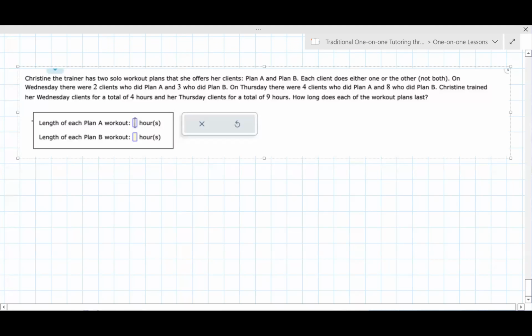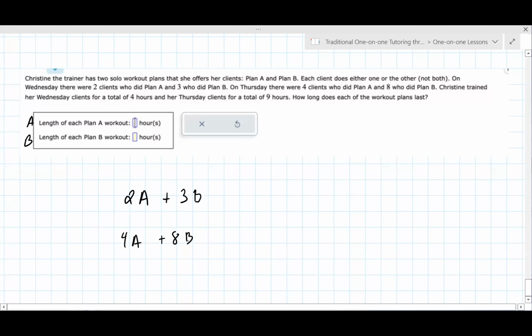So we're going to use variable A and variable B. Each client is either one or the other, not both. On Wednesday, there were 2 clients who did plan A, so there's 2 A's, and 3 that did B's. And on Thursday, there were 4 A's and 8 who did B's. She trained her clients on Wednesday for a total of 4 hours, on Thursday for a total of 9.